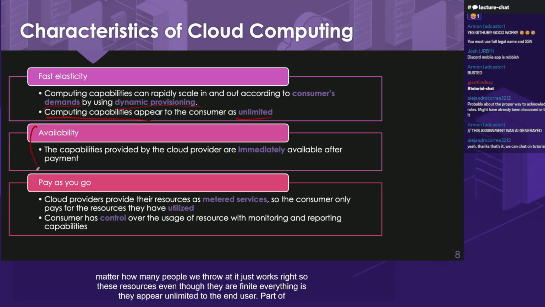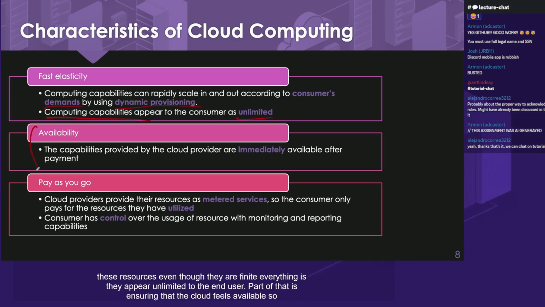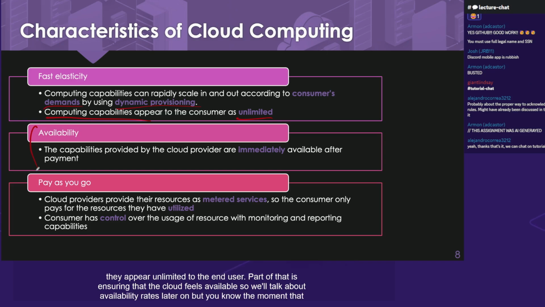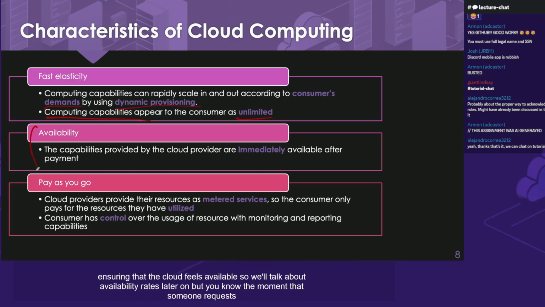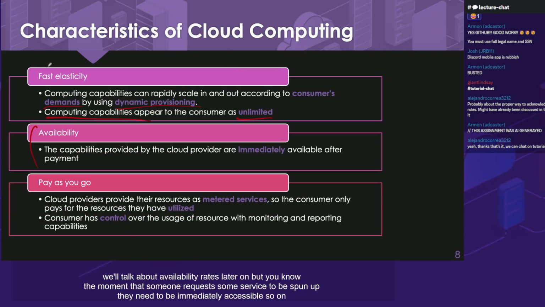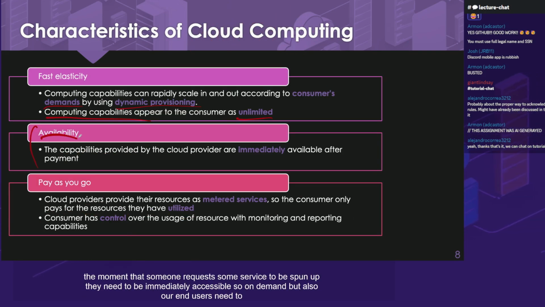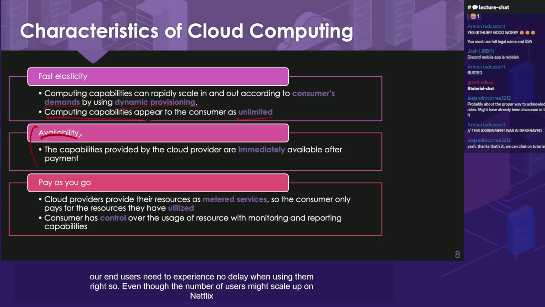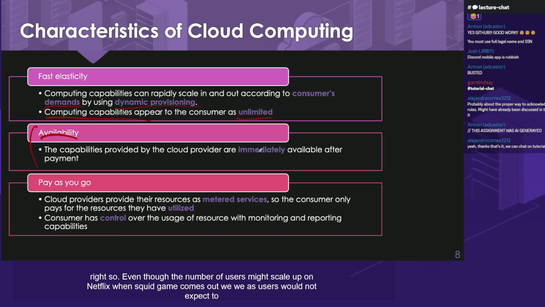Part of that is ensuring that the cloud feels available. So we'll talk about availability rates later on. But the moment that someone requests some servers to be spun up, they need to be immediately accessible, so on demand. But also our end users need to experience no delay when using them, right? So even though the number of users might scale up on Netflix when Squid Game comes out, we as users would not expect it to be slower to download or to stream things off Netflix in those times of high demand.